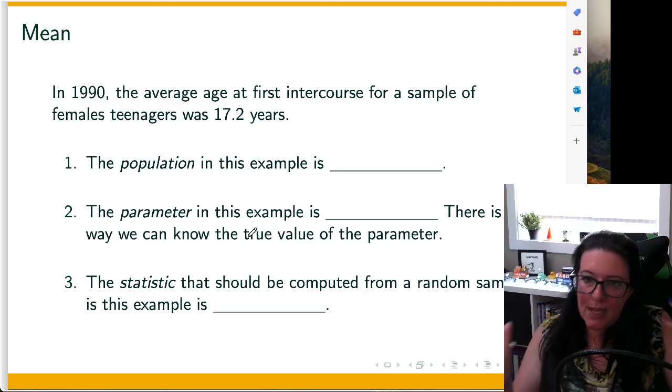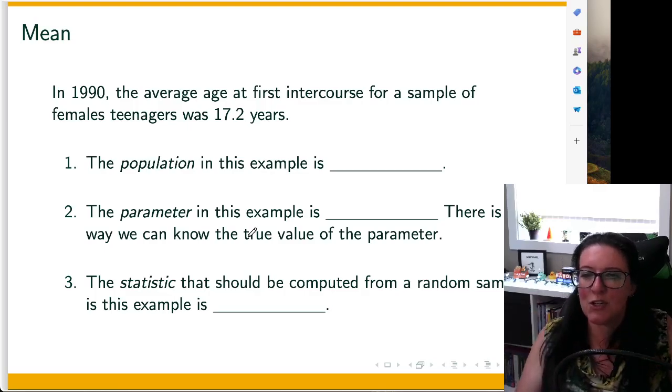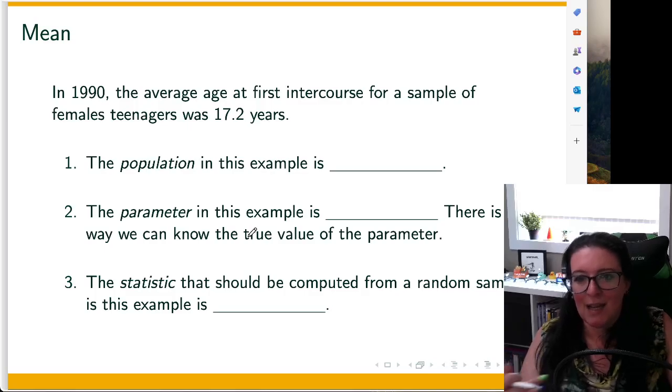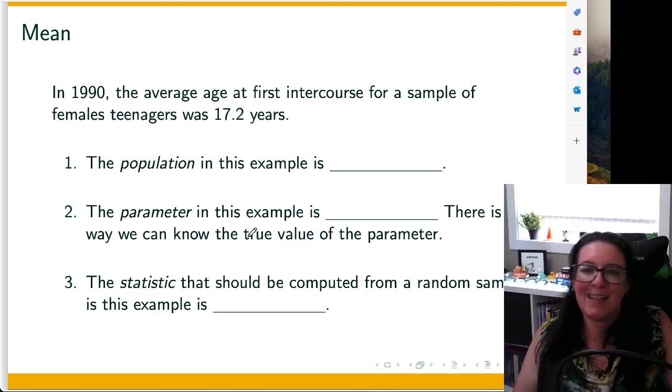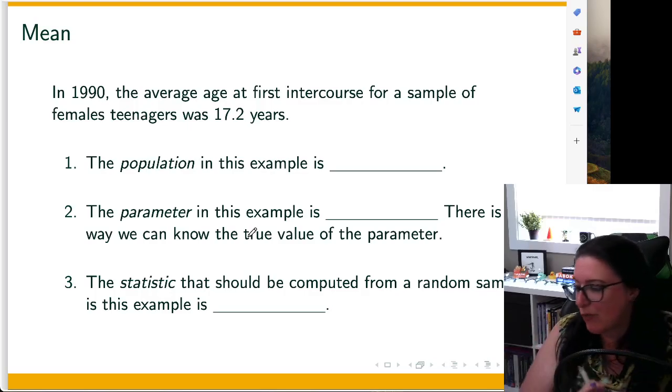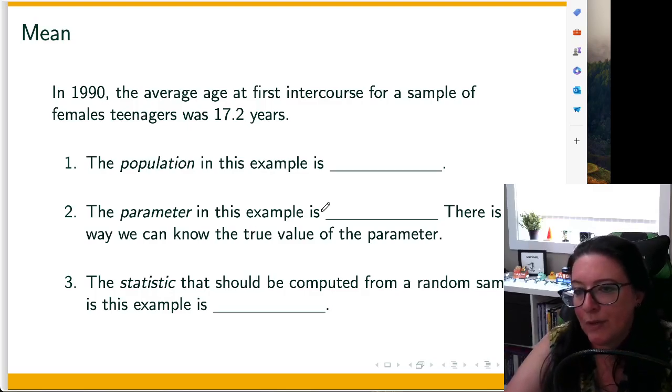So we take a sample, let's say we interview or survey a handful of female teenagers, and the average age they report becomes the sample statistic. And depending on who is in that particular survey, you're going to get a different average. So the statistic is going to change from sample to sample.